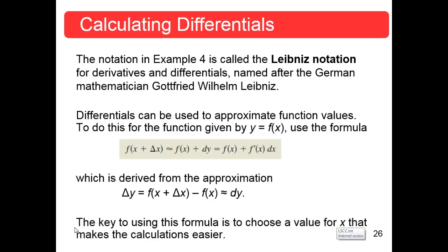The notation in example 4 is called the Leibniz notation for derivatives and differentials, named after the German mathematician Gottfried Wilhelm Leibniz, I think is how you pronounce it. If you remember, he is given credit for developing calculus independently of Isaac Newton.